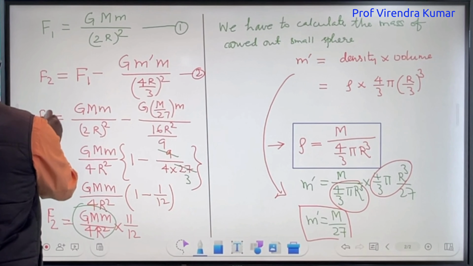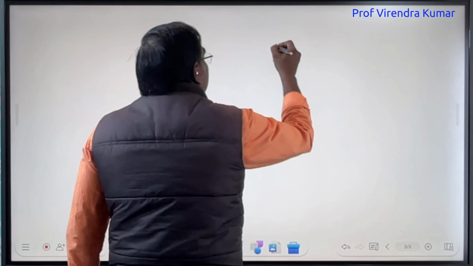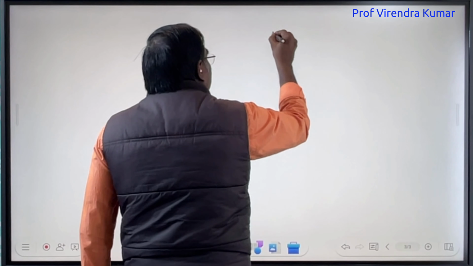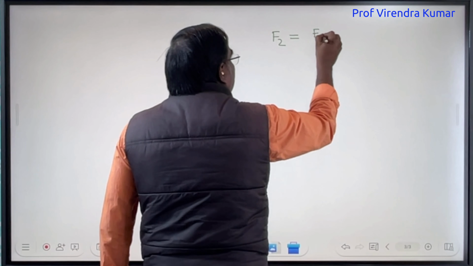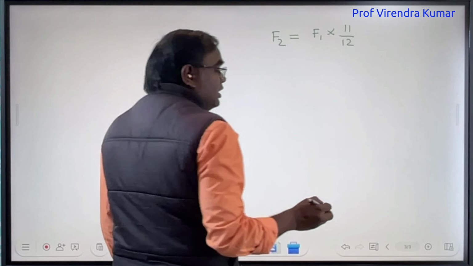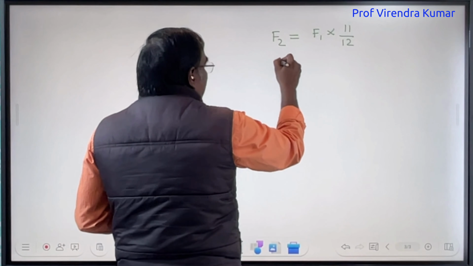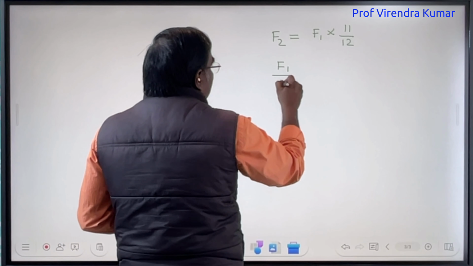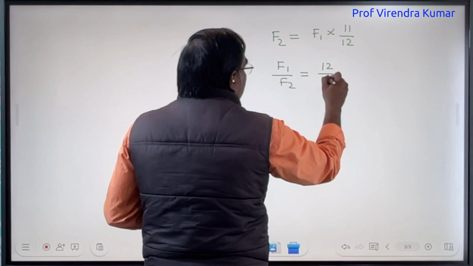This is F2. And this whole is the F1 from the equation 1. We get F2 is equal to F1 into 11 upon 12, but we are being asked the ratio F1 is to F2. So F1 upon F2 is equal to 12 upon 11.